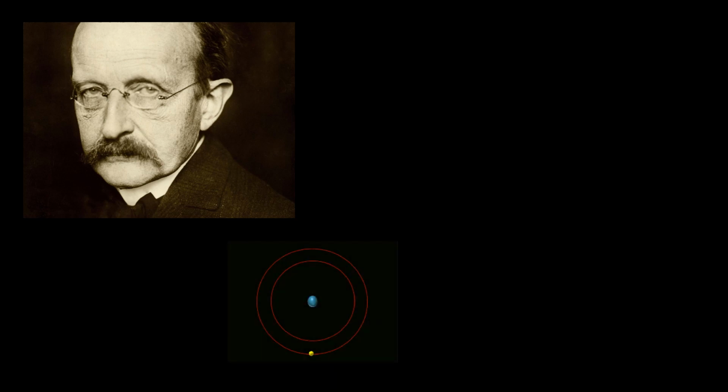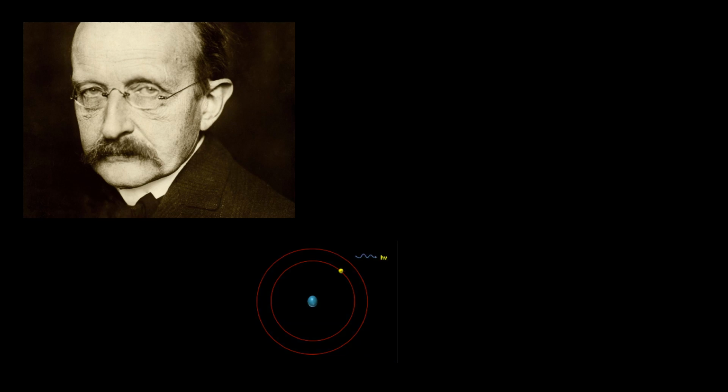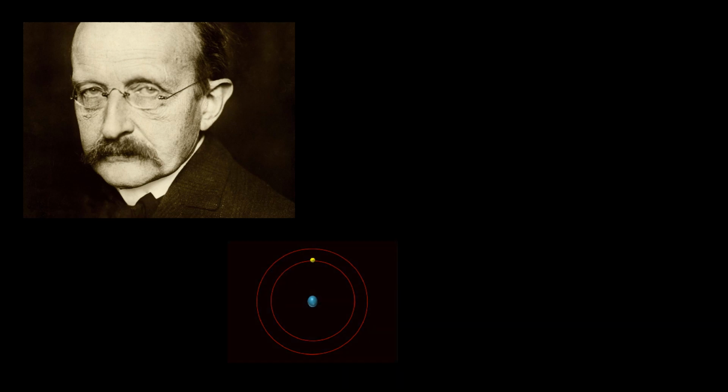In 1901, Max Planck postulated that the frequency of the light emitted by a hot body was equal to the frequency of the oscillators producing the light. These oscillators were the atoms of the hot body. More precisely, the frequency of the orbiting electrons.